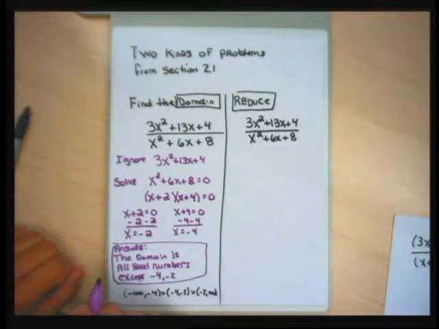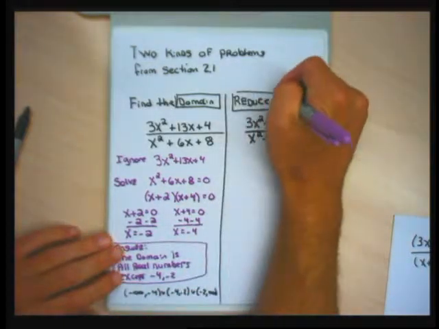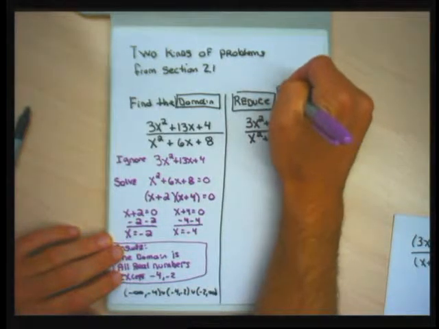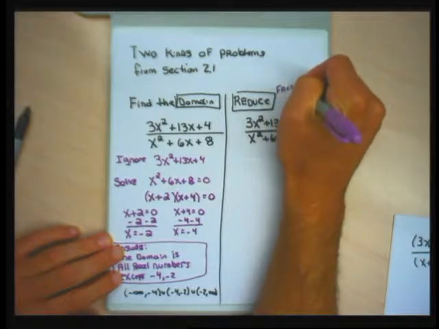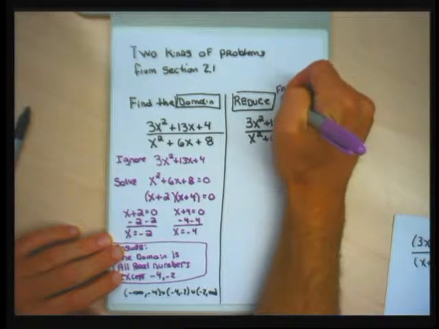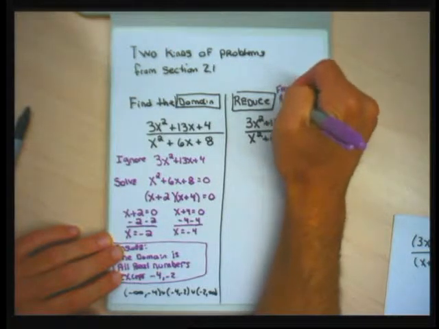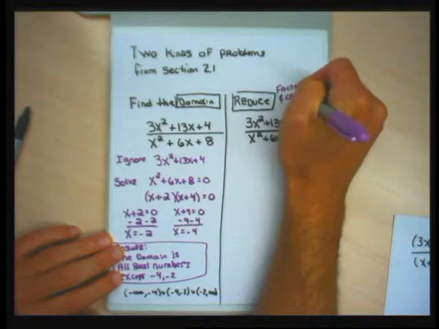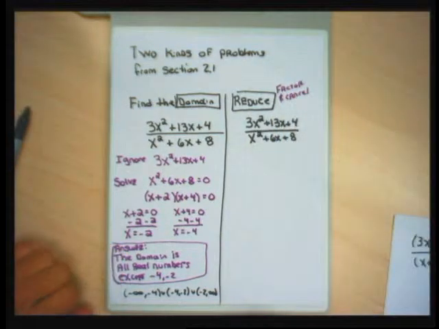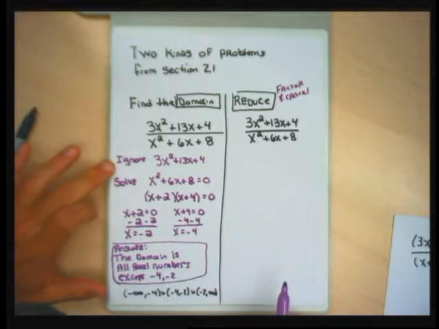And reduce, really, it implies to factor and cancel, and it has nothing to do with setting the denominator equal to 0. And if you take the time to set the denominator equal to 0, you're not going to get the right answer. So for the domain, I completely ignore the numerator.